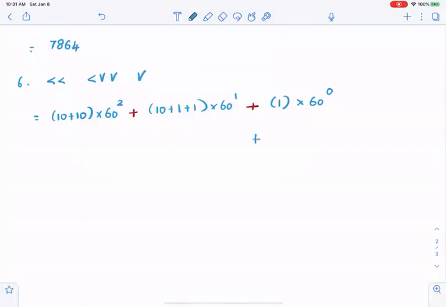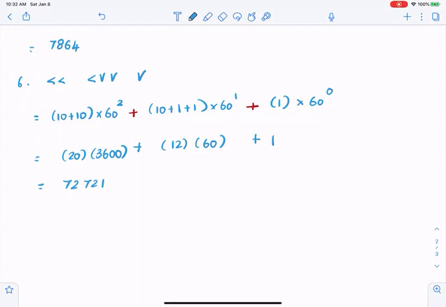So 60 raised 0 is just 1, and 1 times 1 is 1. 12 times 60. 20 times 3,600, which is 60 squared. So if you add them all together in the calculator, you should get 72,721.